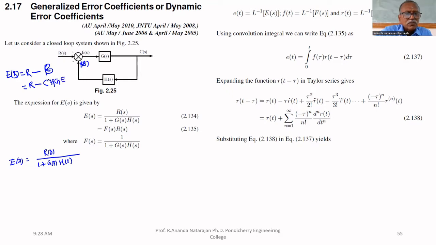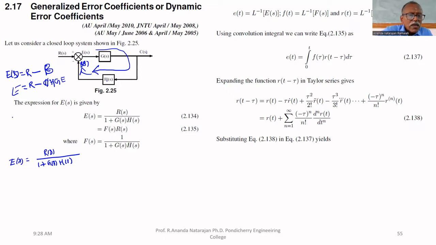Instead of C, we can put HGE. E equals R minus H multiplied by G multiplied by E. You multiply all these and you will get B, therefore HGE.